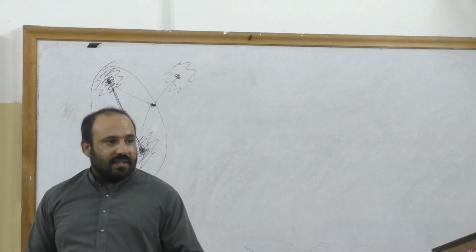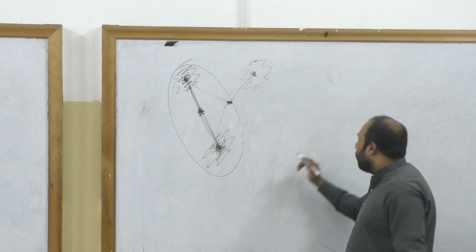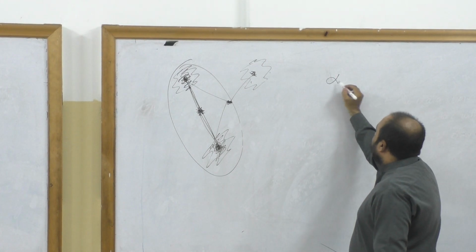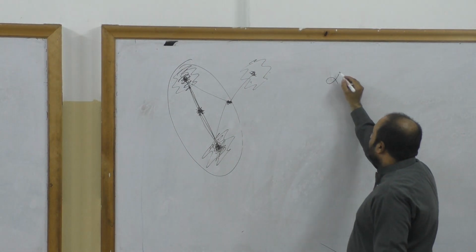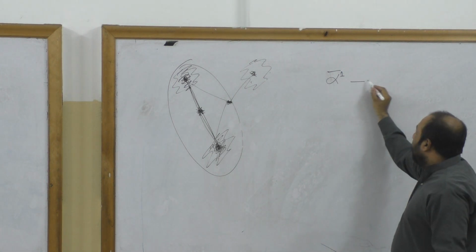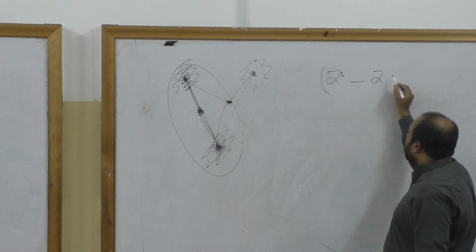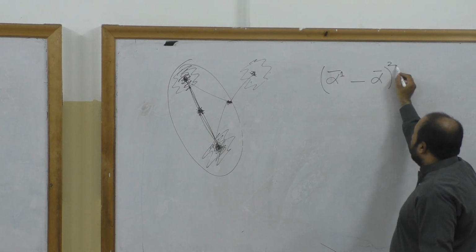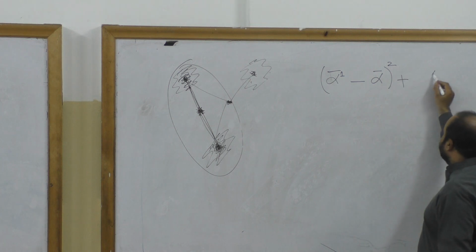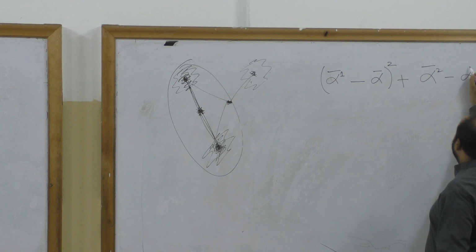Make sense? So the between class variance is defined as follows: alpha 1 minus alpha, plus alpha 2 mean minus alpha.